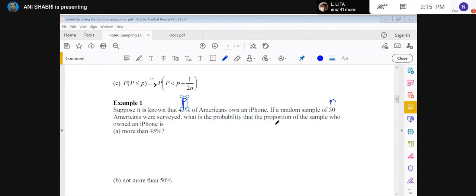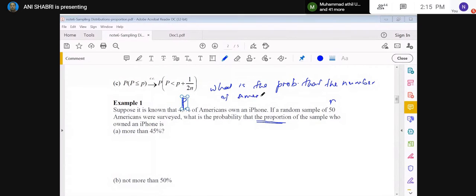The difference is this one. What is the probability? The proportion. Okay, this is the proportion. It is the difference from binomial. If the question is for binomial like this one, one is the probability, that's the number of Americans who own an iPhone.